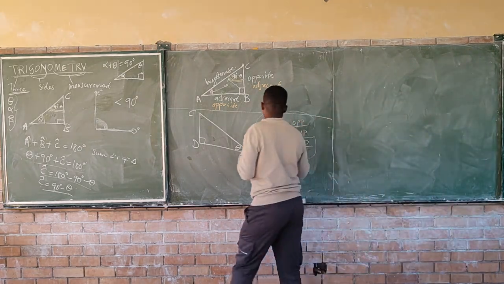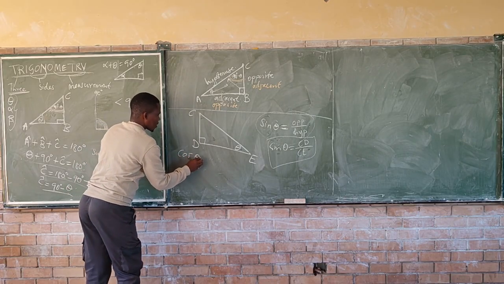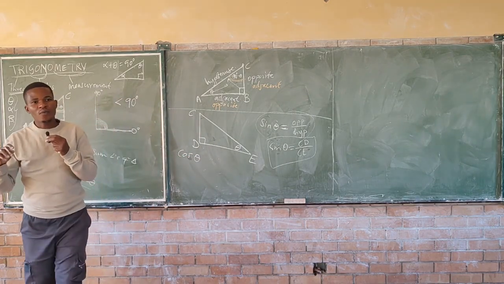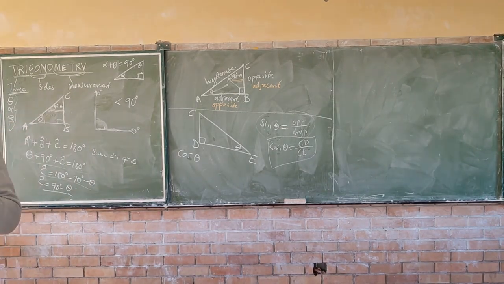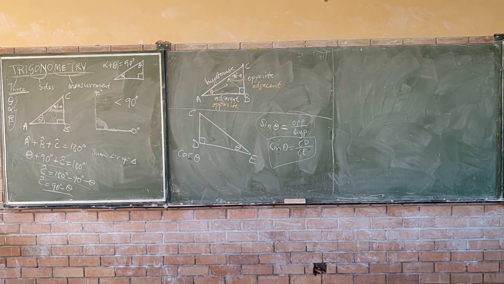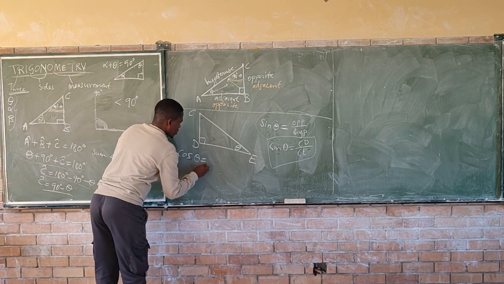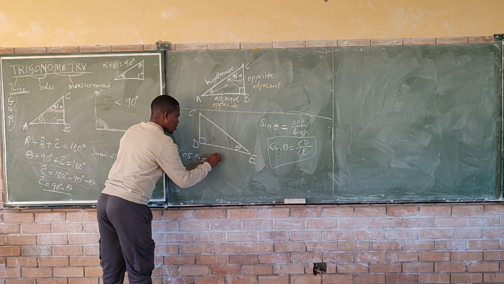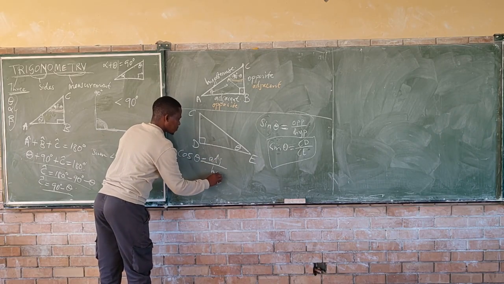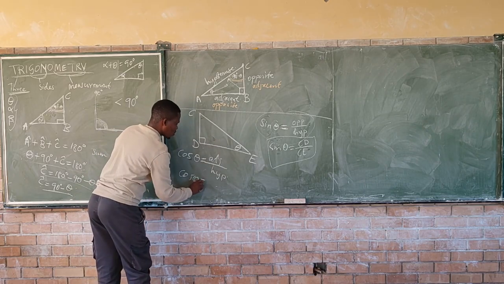All right. Now we have the definition of the cos. There is no function without an angle. A function without an angle does not exist, so you must make sure that it is an angle. The cos is defined as the adjacent over the hypotenuse. So based on this triangle, what will be the answer?